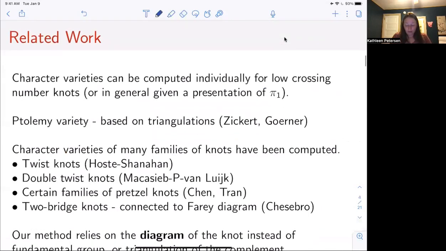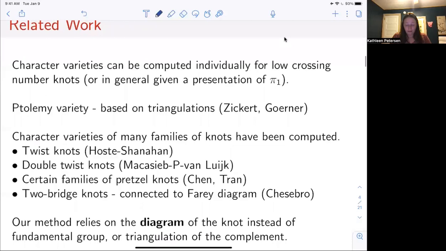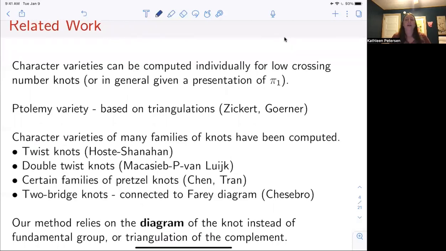So if we just talk about this in the lens of character varieties, then you can compute this by hand if you know a presentation for any group. You just look at all representations of your group into PSL2C, and then you do this up to conjugation. Basically, this is something you can solve for slightly nicer equations using reduction theory.